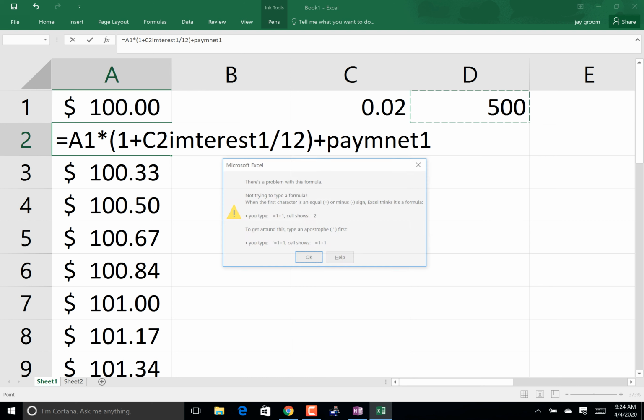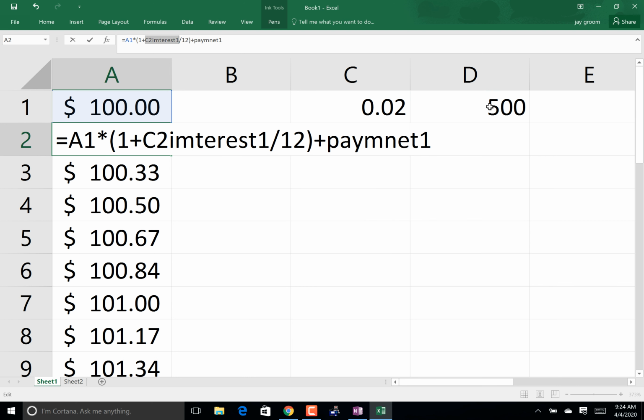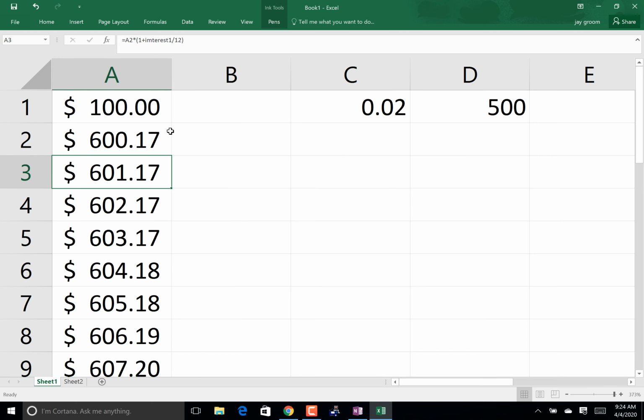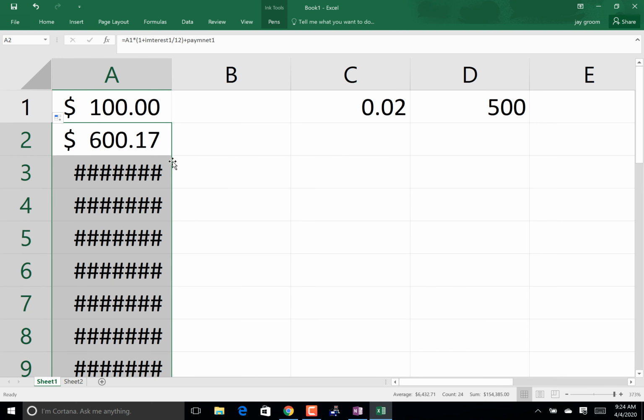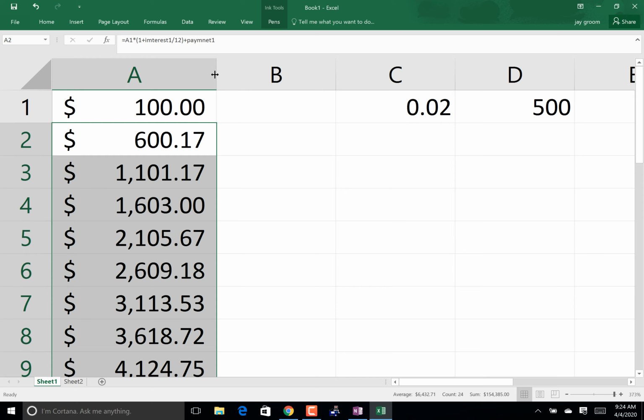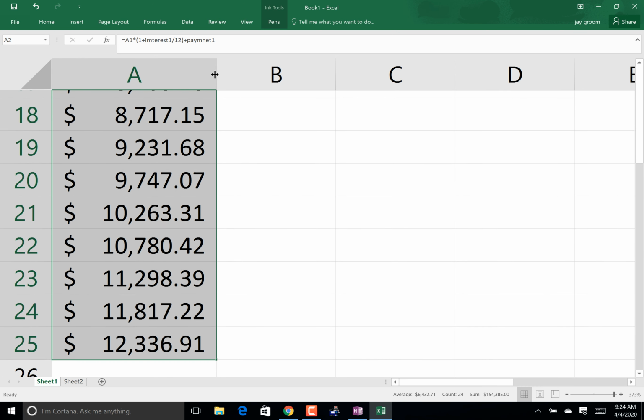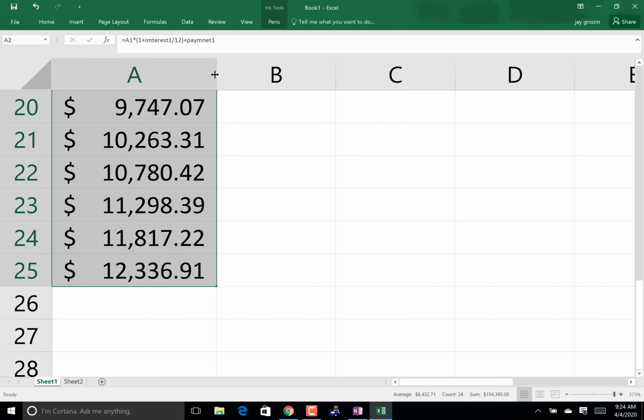Uh-oh. Why does it look funny? What just happened? Oh, I see what happened. Never mind. Sorry. Something happened weird. There we go. Nice. Oh, that's too big. Nice. Here we go. And so at the end of 24 months, I'll have $12,000 and some dollars.